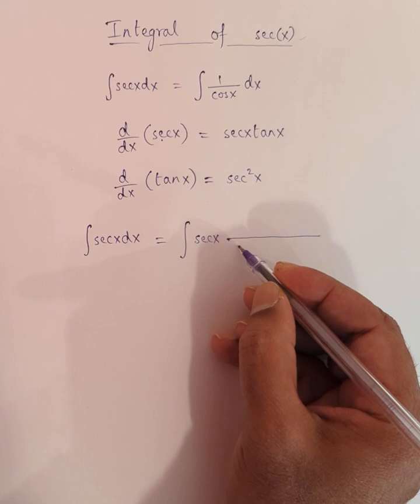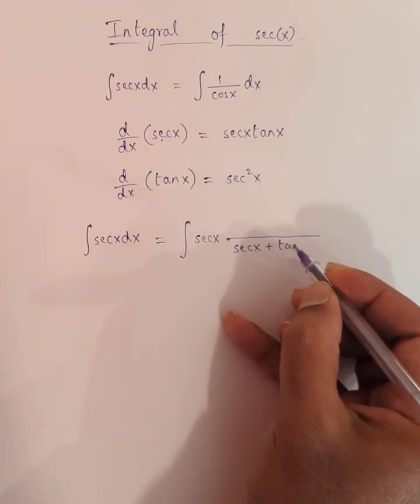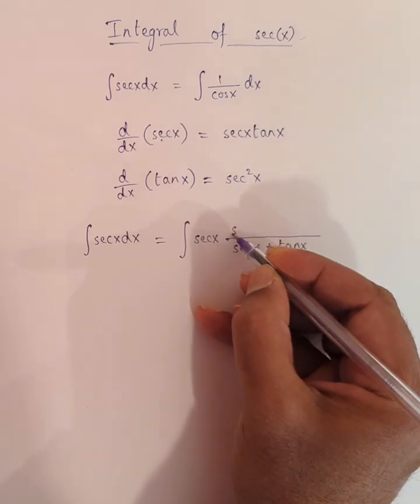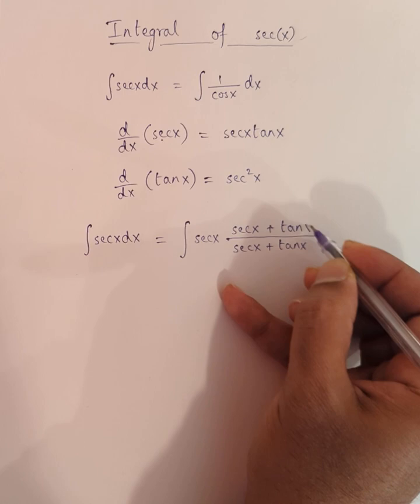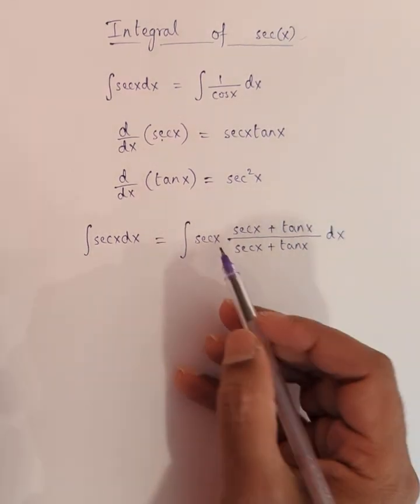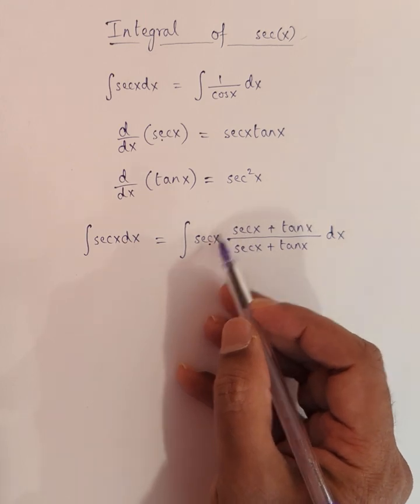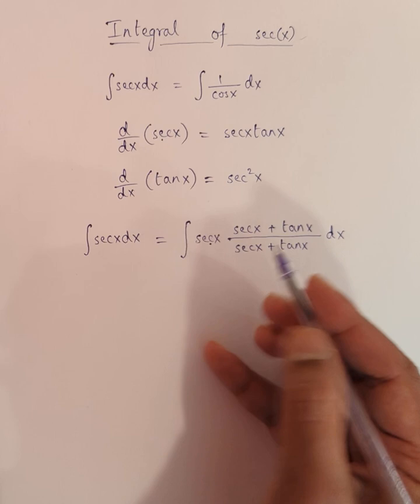So notice, if I multiply and divide by secant x plus tan x, this is what you're going to see. Your numerator becomes secant square x plus secant x tan x, which happens to be the derivative of this.